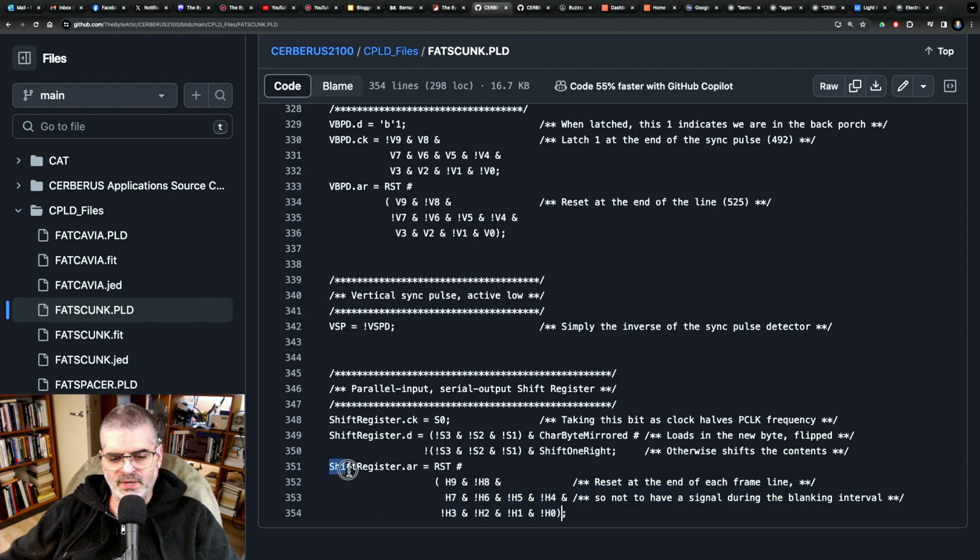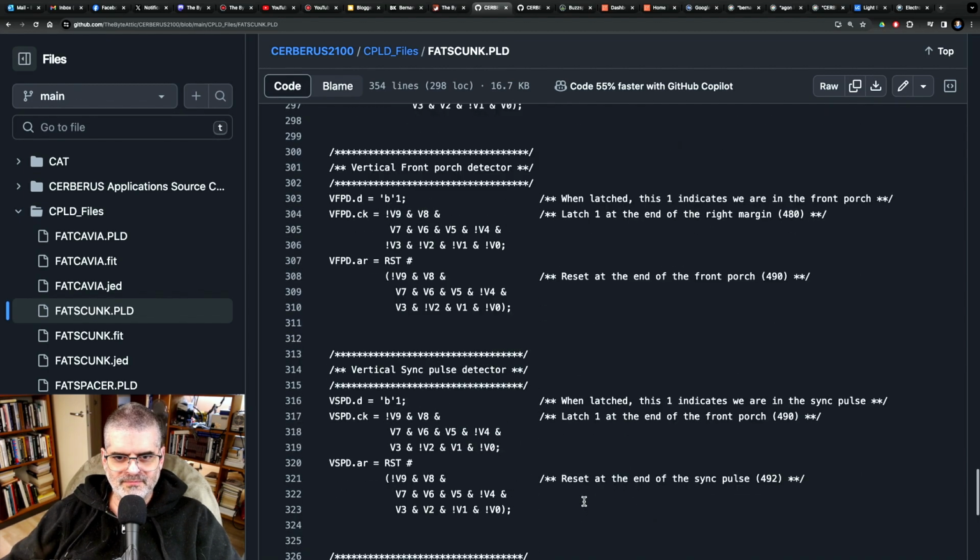You reset the shift register, because in the VGA standard, you should not put out RGB values during the blank interval. The RGB values should be grounded during the blanking interval. Otherwise, you get electrical issues, as I experienced myself. To prevent that, we just reset asynchronously. AR is the asynchronous reset input of the shift register. We pull that line down, we reset it when we are in the blanking interval to avoid electrical problems.